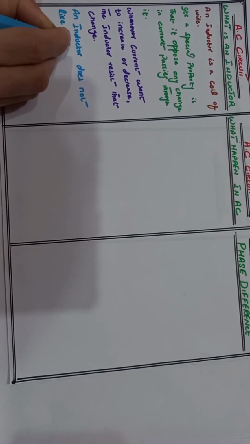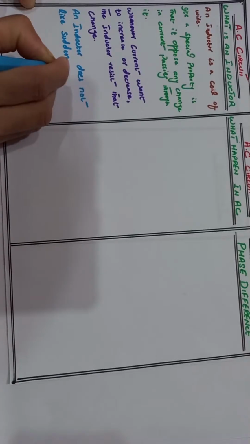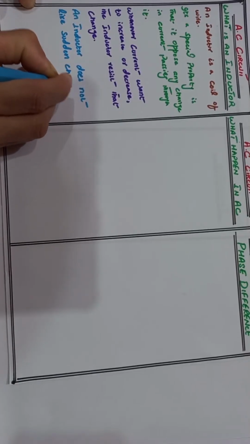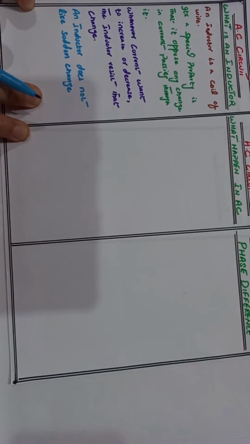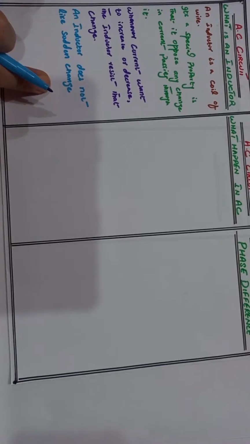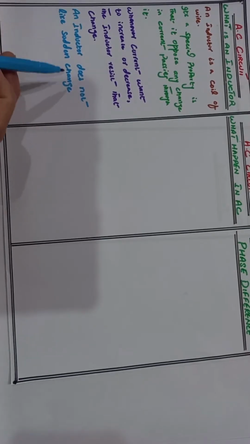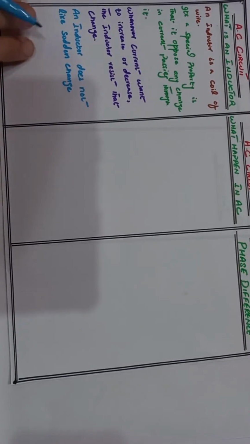It means that if you suddenly want to increase or decrease the current, the inductor does not like it. It wants to slowly increase and slowly decrease the current. It does not like sudden change in current.